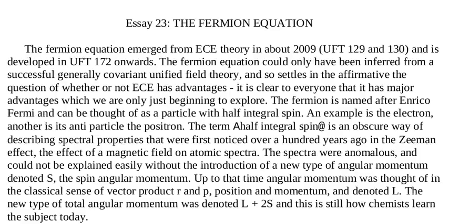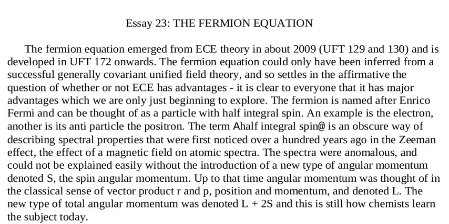The fermion is named after Enrico Fermi and can be thought of as a particle with a half-integral spin. An example is the electron, another is its antiparticle, the positron.